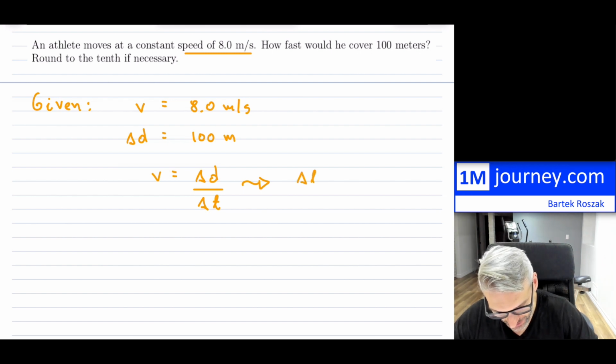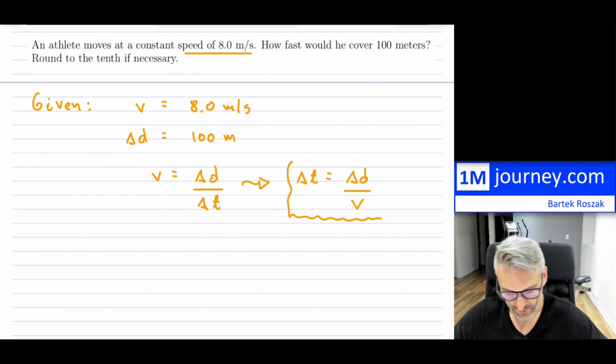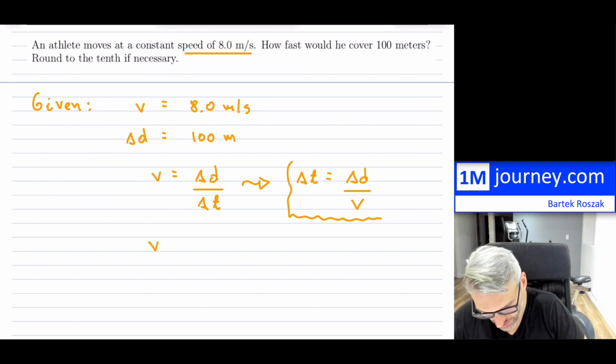You are going to find that delta t is equal to the total distance covered divided by the v. So you can rearrange this formula for that. This is delta d, this is delta t.